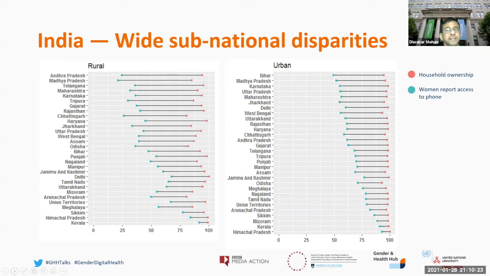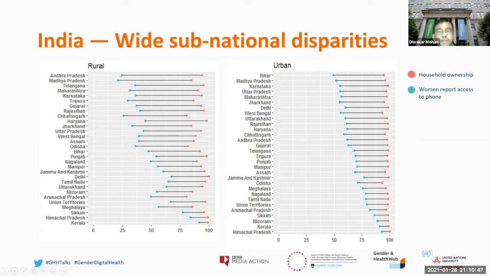I'd like to illustrate this point using data from the Indian survey. Here, you see the rates of mobile phone ownership by households and the women's reported access. The pink dots are the household ownership, and the blue dots represent the women's access to phones. As you can see, there is wide subnational variation among the different states.